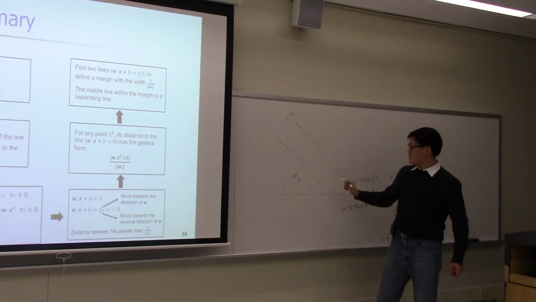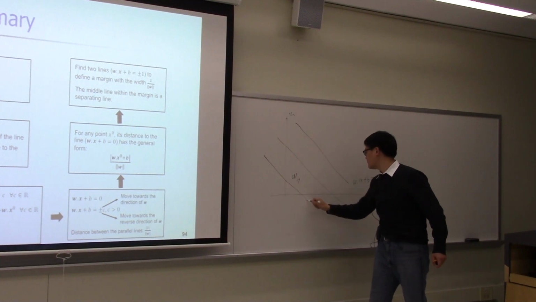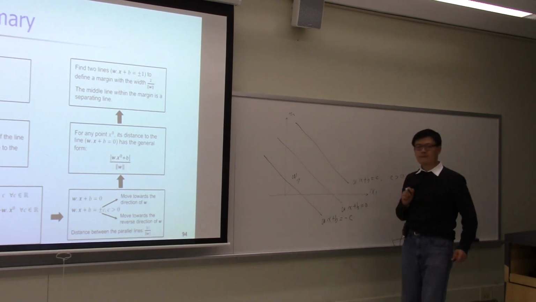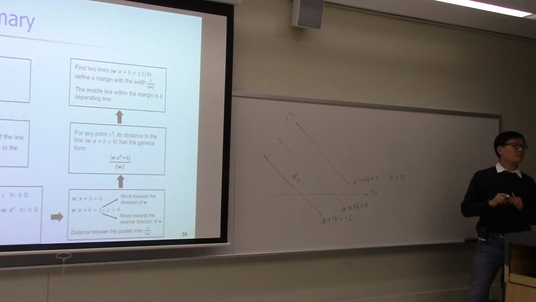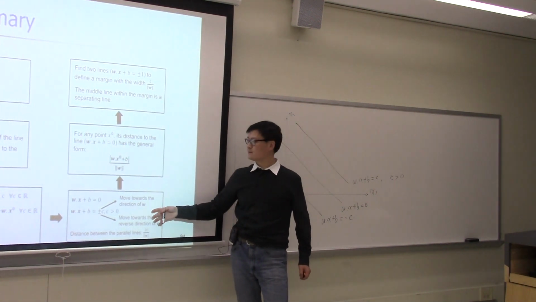And at equal distance, this line is W dot x plus B equal to minus C. Okay? This is how to represent parallel lines.